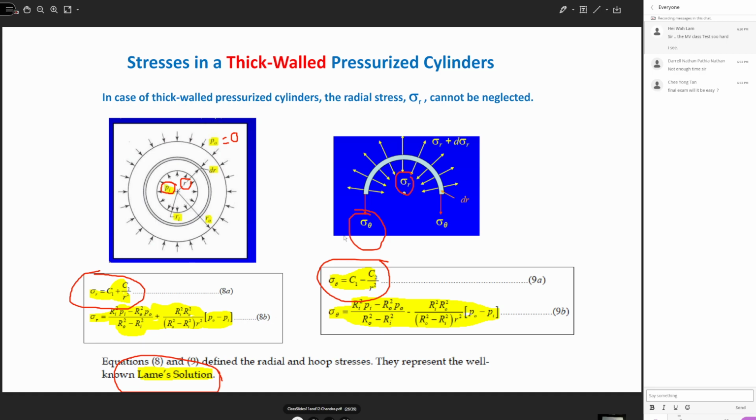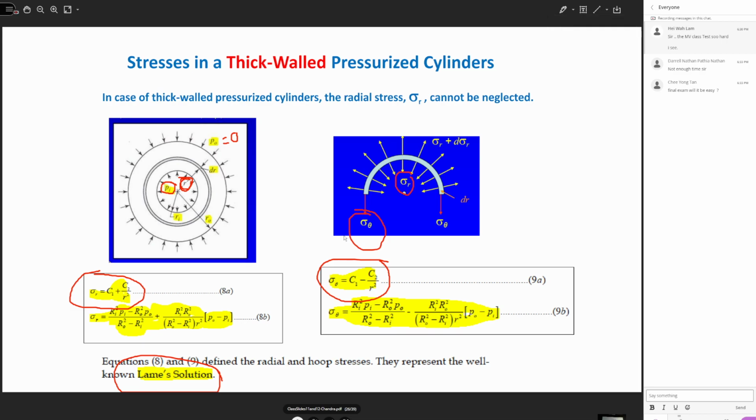Then you can appreciate the formula for the radial stress and tangential stress. Everything is in terms of inner radius, inner pressure, outer pressure, and where you are calculating the stresses, that is r. This r is a variable within the thick wall cylinder.